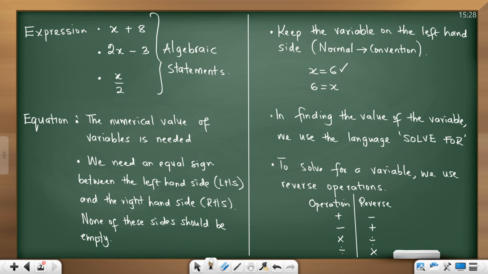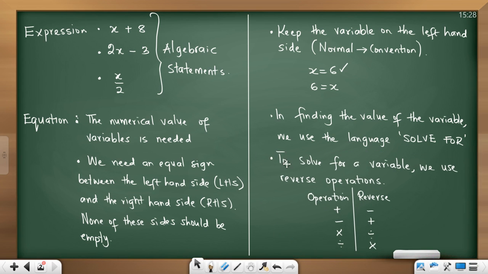All right, please let's write up the notes quickly. To solve for a variable, we use reverse operation. So if I'm using an addition operation, the reverse would be a subtraction. If I have a subtraction operation, the reverse would be addition. If I have a multiplication, the reverse would be a division.